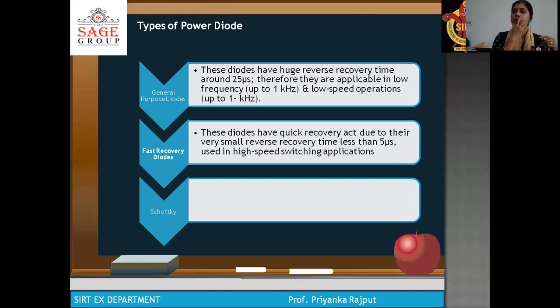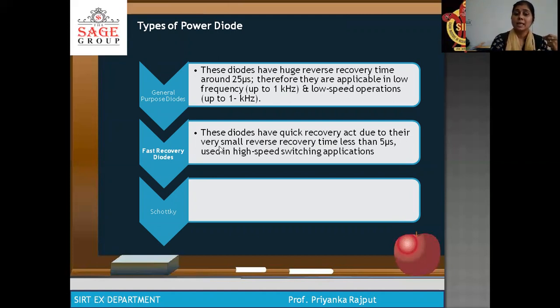The general purpose diode is used for low speed applications, up to 1 kilohertz, and for low frequency applications, and its recovery time is much longer compared to fast recovery diodes. Fast recovery diodes are used for high speed applications.